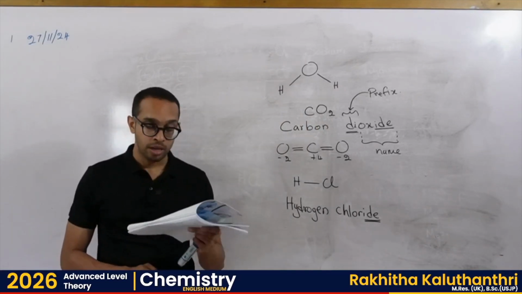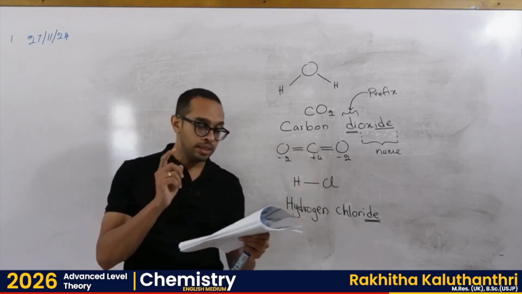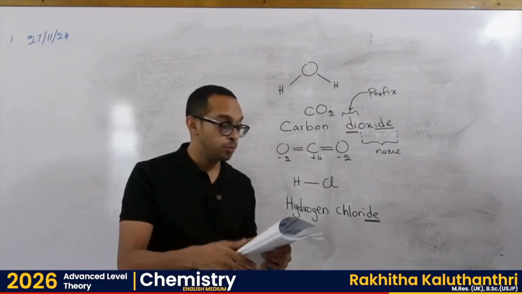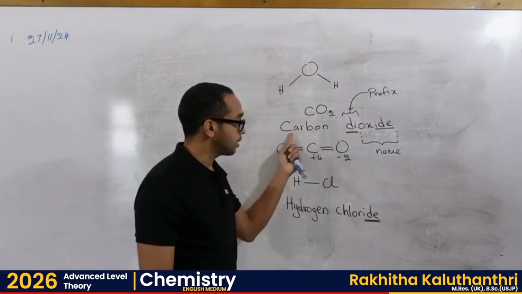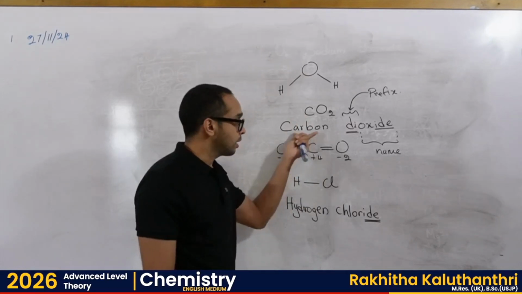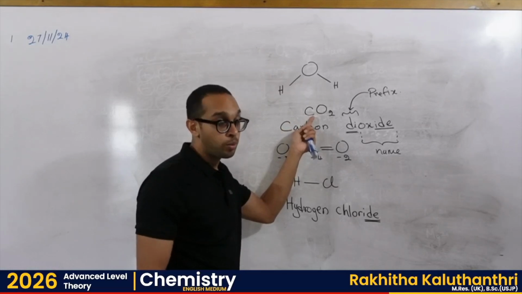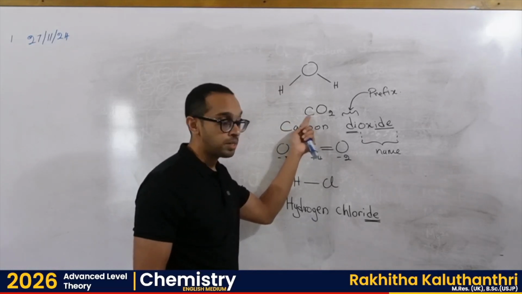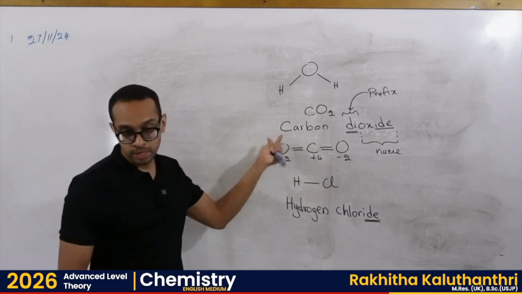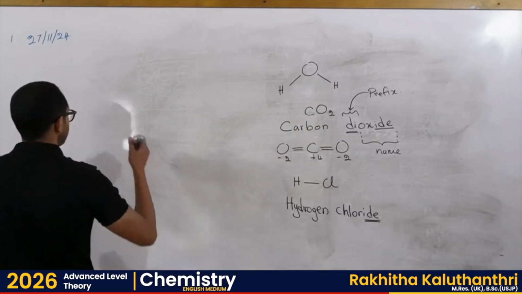And then under the guidelines, I have given you a very important detail here. When it comes to the prefix mono, and when it comes to naming the very first element of a covalent compound, if there's only one of it, the more positive element, you don't have to use the mono prefix. Let me elaborate on that a little bit further.